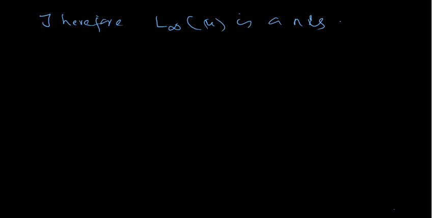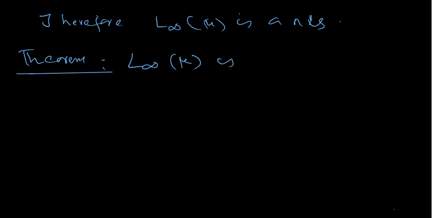Then we have a theorem which states that L infinity mu is a Banach space. उसका प्रूफ आप खुद देखना, बहुत सिंपल है, बस 4-5 लाइन्स का प्रूफ है. And what's the statement of the theorem? L infinity mu, क्योंकि नॉर्मल लीनियर स्पेस तो आपने किया प्रूव, अब आप प्रूव करोगे is a Banach space.